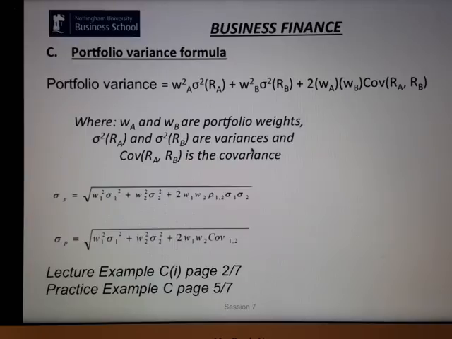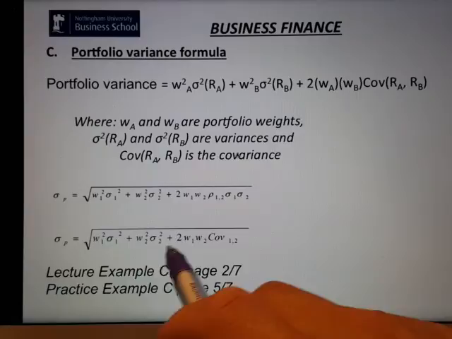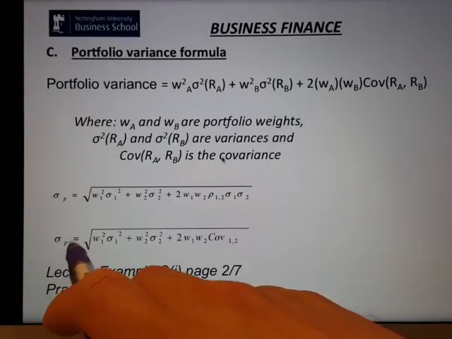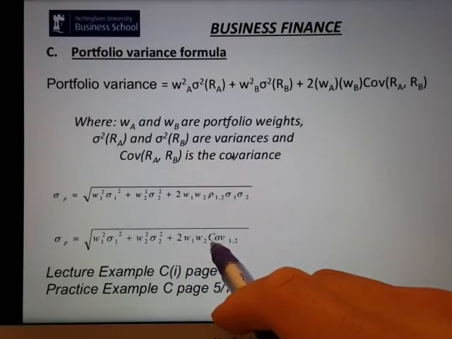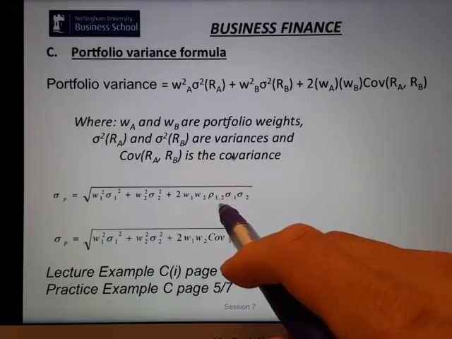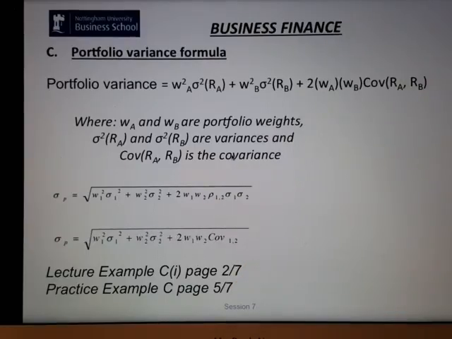This is the portfolio formula for portfolio variance. Then to find standard deviation, you just square root the variance given to you as covariance. We're going to look at this later. This is actually when correlation is given to you, you have to convert it.